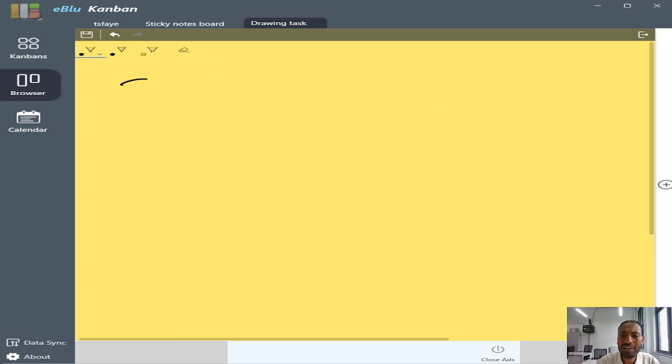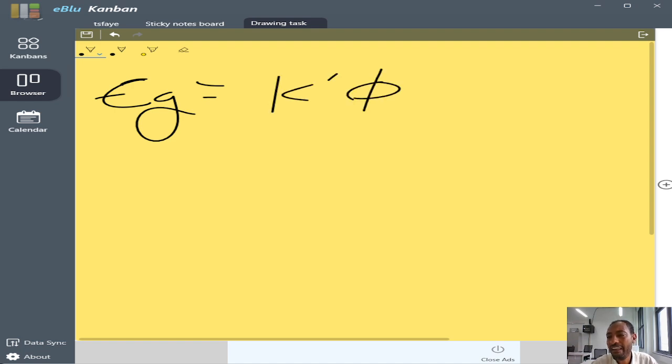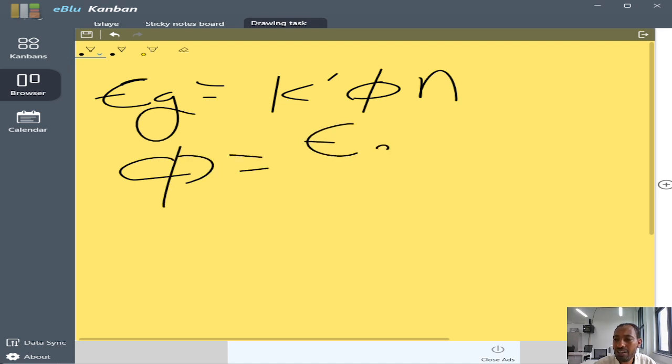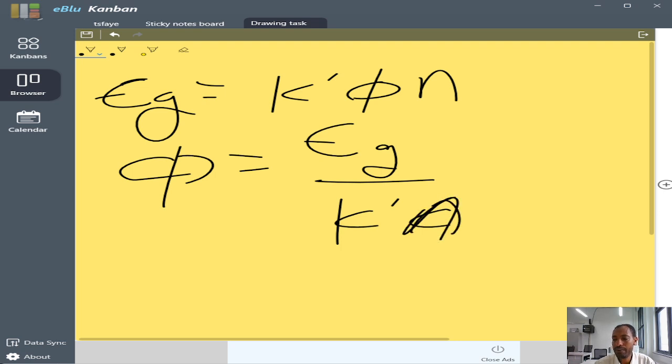The required quantity is flux. We know from the EMF equation, K phi N, that phi is going to be EG divided by K prime N. The question is, what is K prime?